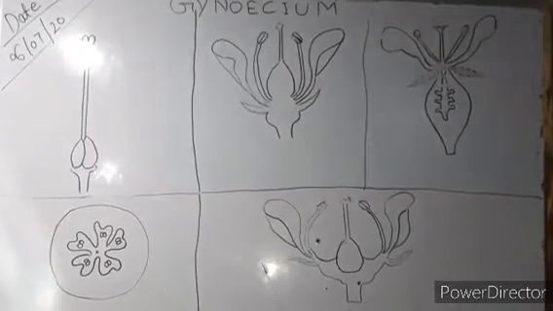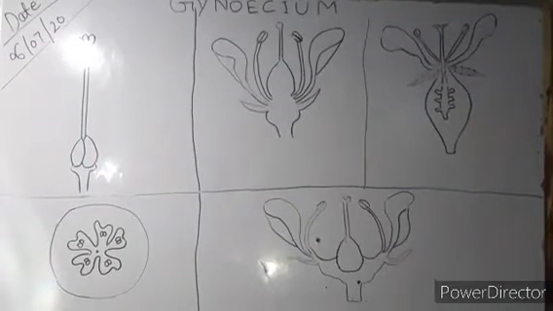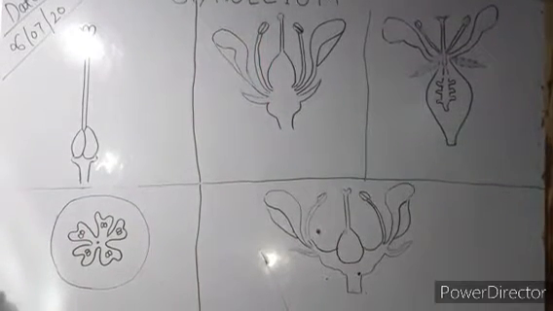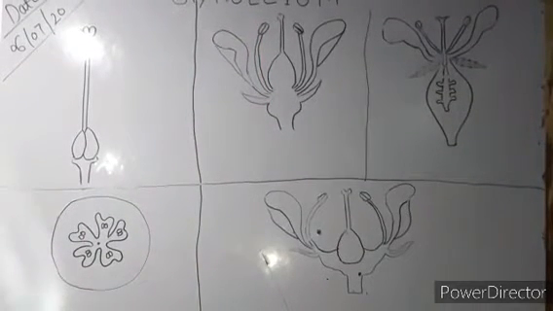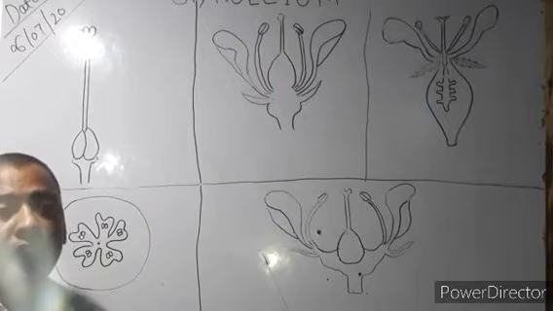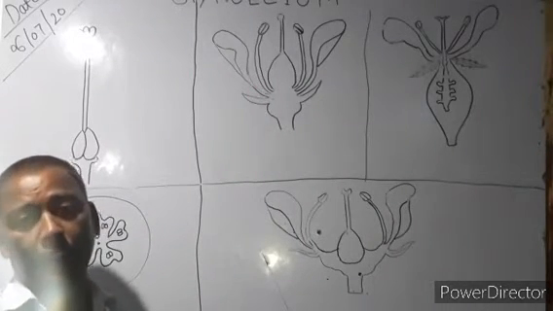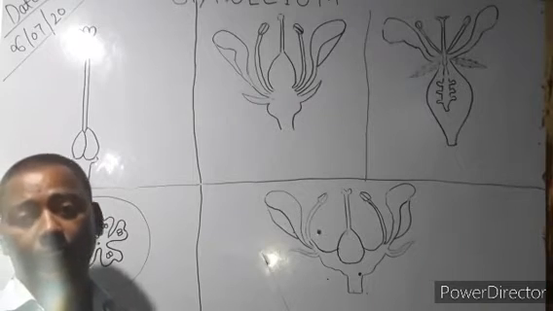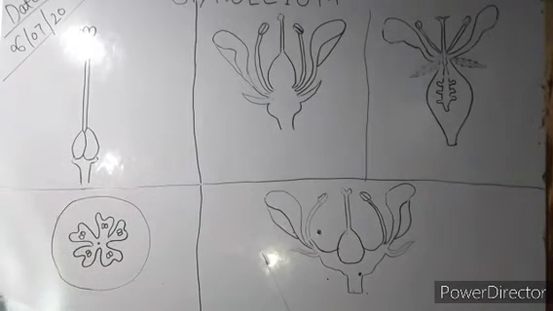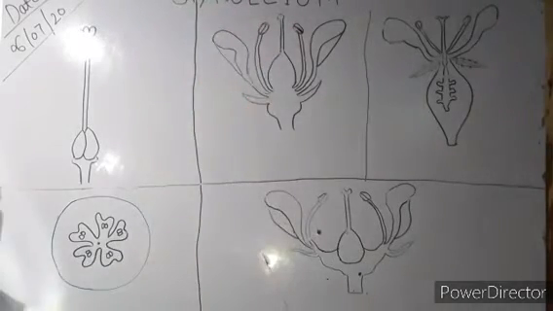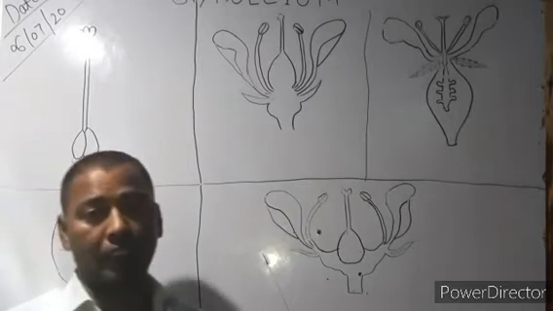The gynoecium consists of ovules, which are responsible for the female gamete, the egg cell. It is also known as the pistil or the carpel.